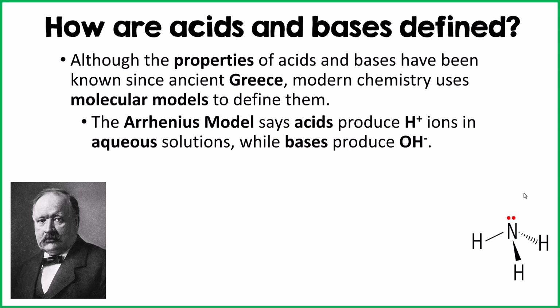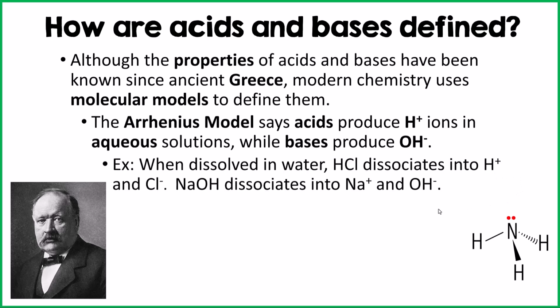The first one was Arrhenius, and the Arrhenius model says that acids produce hydrogen ions, or H+ ions, in aqueous solutions, while bases produce OH- ions, or hydroxide ions. So for example, when dissolved in water, hydrochloric acid dissociates into H+ and Cl-.